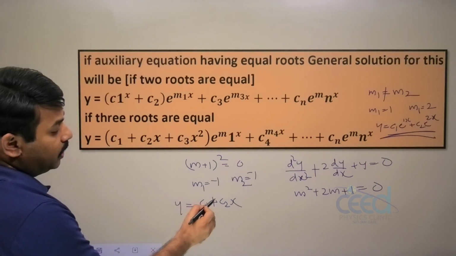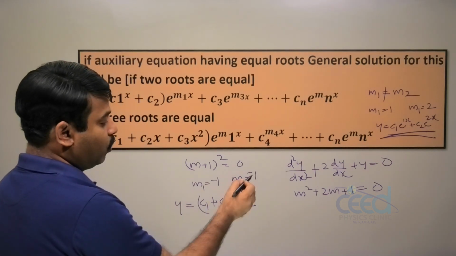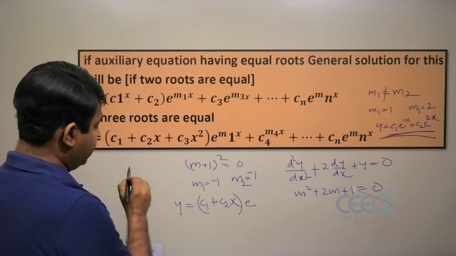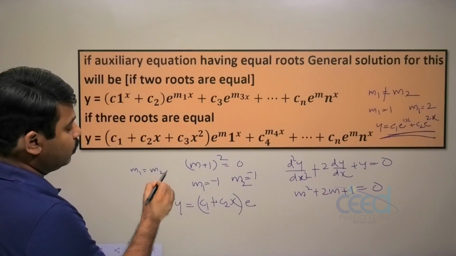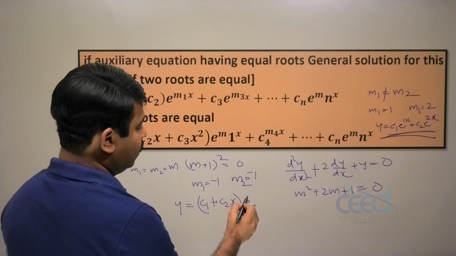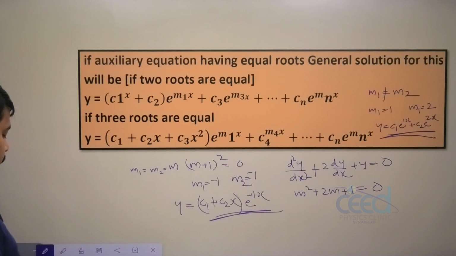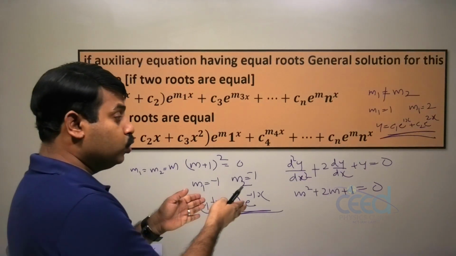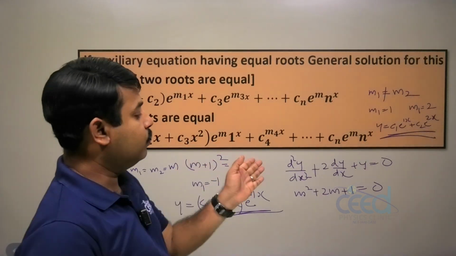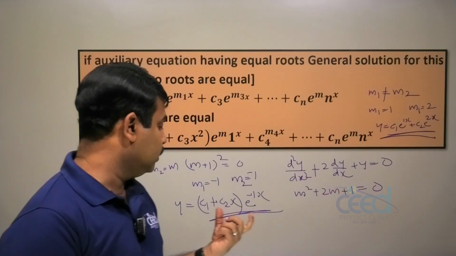So (c1 plus c2x) into e raised to mx, where m1 is equal to m2 is equal to m. Then e raised to mx means e raised to minus x. This is the solution.